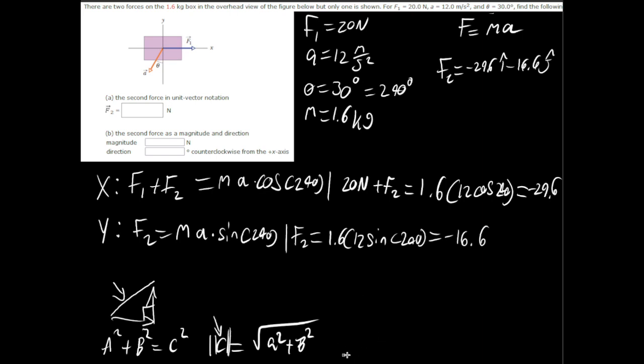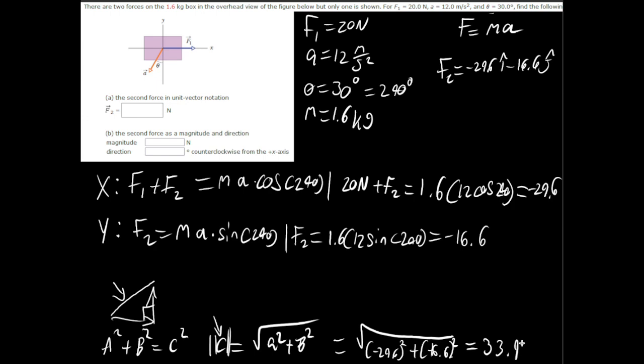So using this, we can say that the square root of negative 29.6 squared plus negative 16.6 squared equals, and that's going to be 33.9.